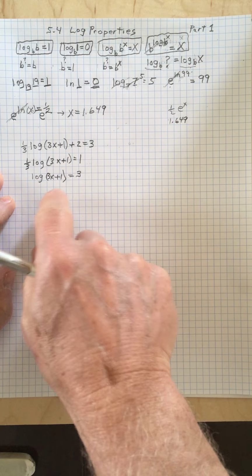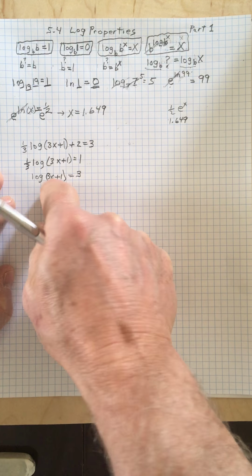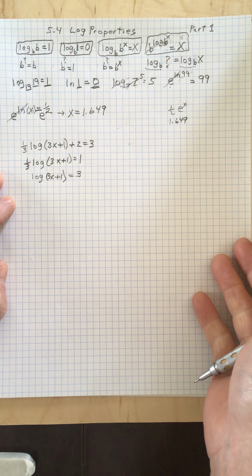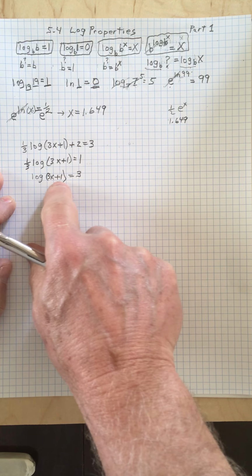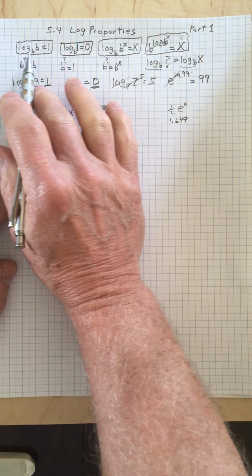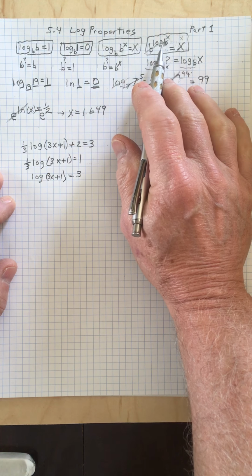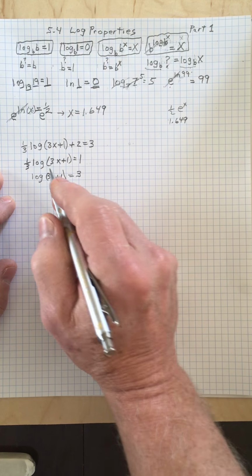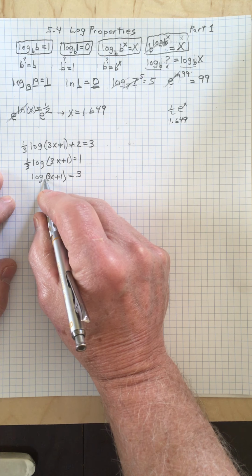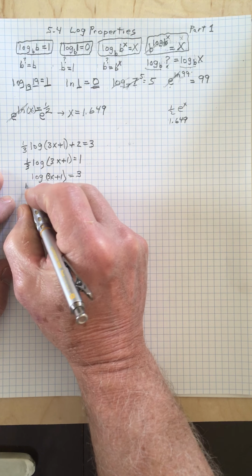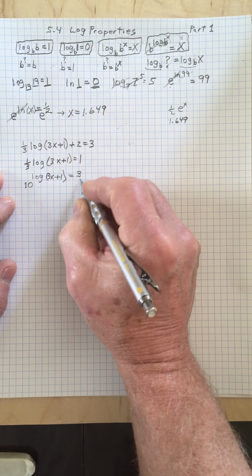Same problem here. If I had log 3, I could put in a 3, hit the log key, and I would get a number. I don't have that. I'm trying to get this x out of here, and it's stuck. So if I go up here and take a look, I can use this rule again. Since the base is 10, I want to raise each power to the 10, or use 10 as the base.